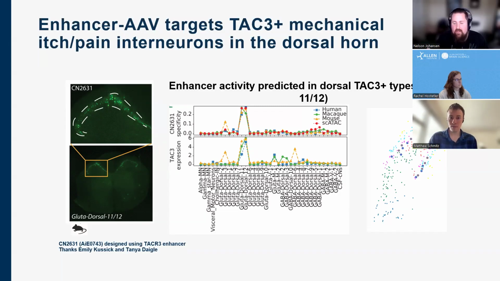These are the itch neurons that control the itch sensation. So having an enhancer that can target these types allows for functional exploration of how itch sensation can be modulated by affecting these cell types in various ways.